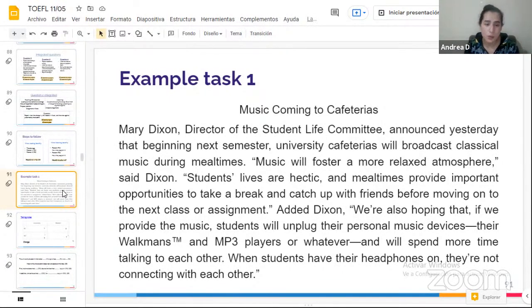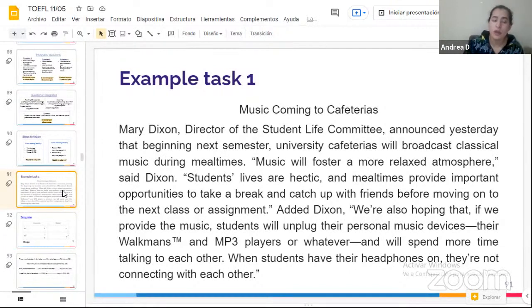In this reading, you will see a short campus announcement. The university is announcing a change. There's a change on campus, something's going on. I don't know what that will be. Maybe the cafeteria is changing the menu, or maybe they are awarding a new scholarship, or maybe they are going to change the structure of the buildings. They're announcing it through this letter or announcement.